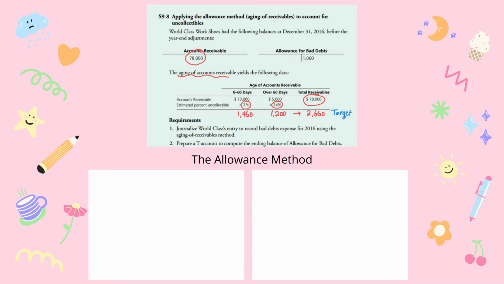Now requirement number 1: journalize World Class's entry to record bad debt expense for 2016 using the aging of receivables method. So he's asking for the bad debt expense entry, which means the adjusting entry or the estimation entry. So it's going to be bad debt expense to allowance for bad debts.